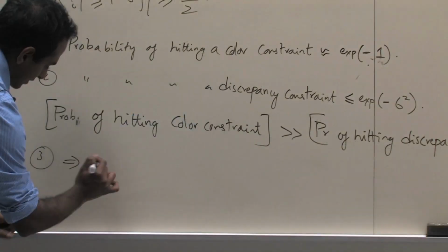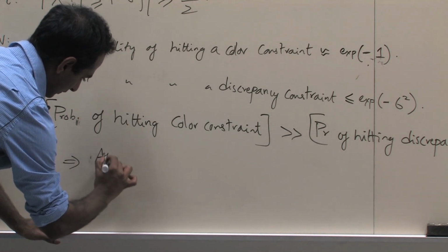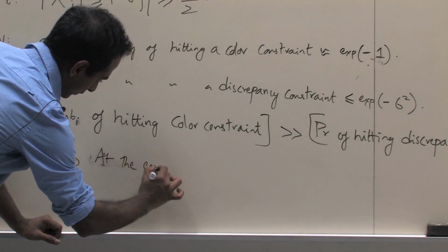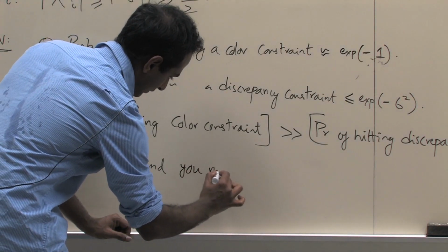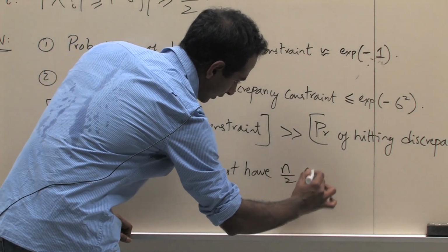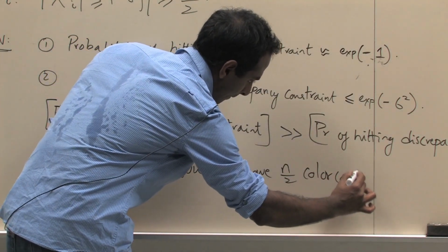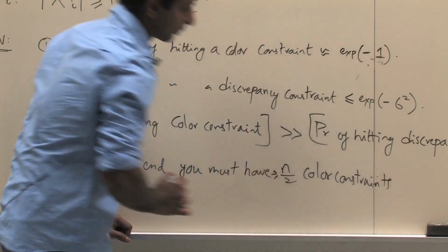So this implies that at the end you must have n over 2 color constraints. Right?